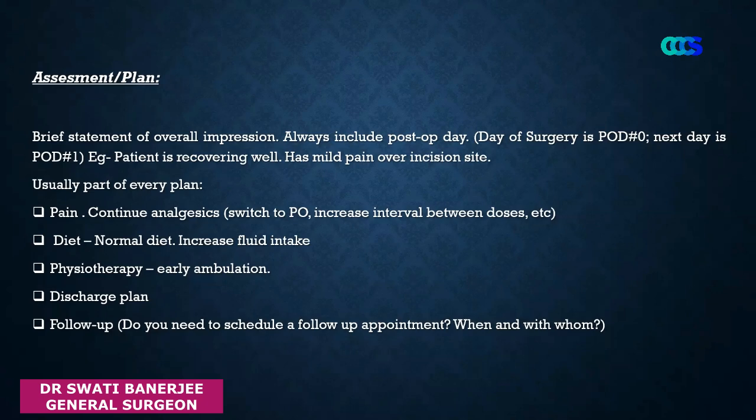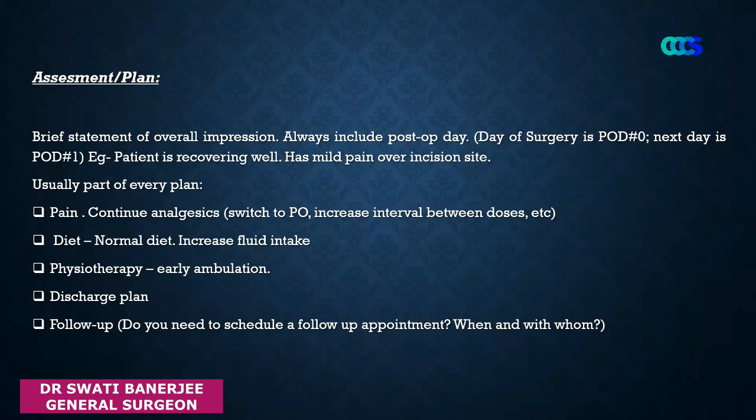Yeah. So, usually every plan would include the pain: whether you would continue the analgesics, whether you would like to switch over from IV to oral analgesics, increase the interval between the doses, what diet you would initiate, and if the patient would require any physiotherapy or not. We always promote early ambulation of the patient.